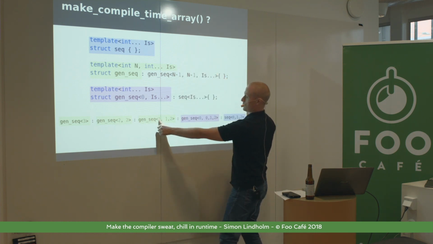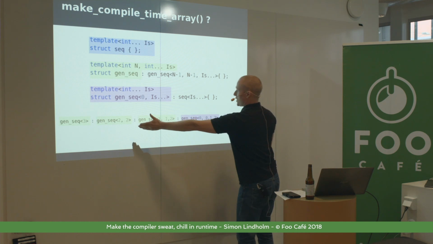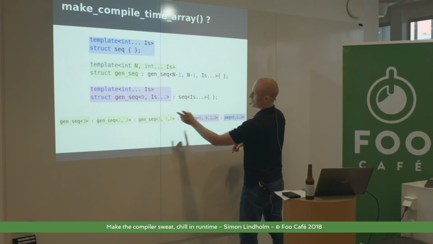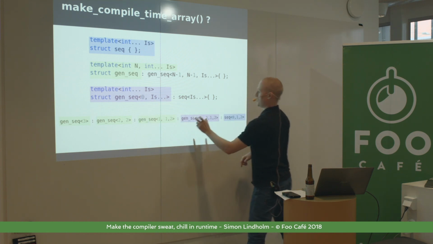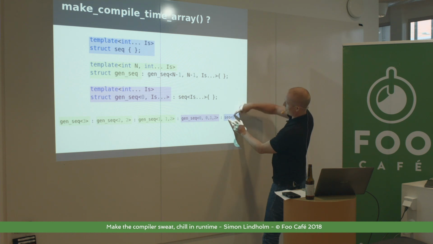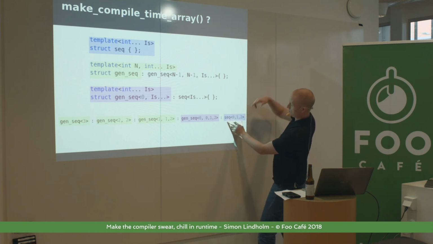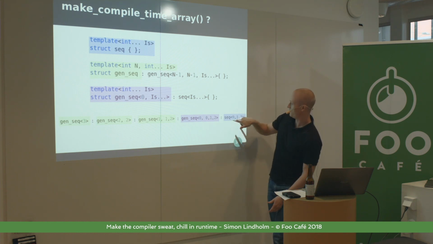You subtract 1 again, and you push the new value there. And if you do that iteratively, in the end you're going to go to this specialization, which has n equals 0. And it in turn inherits from sequence, which is 0 up to n minus 1, which is what we wanted. So you have this.